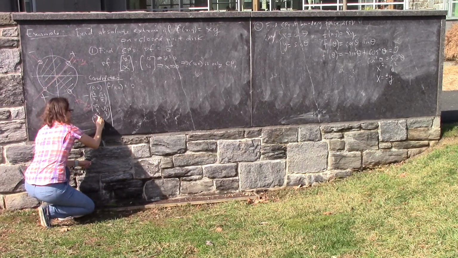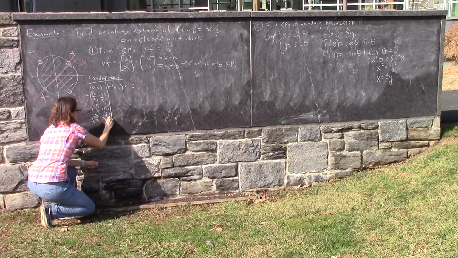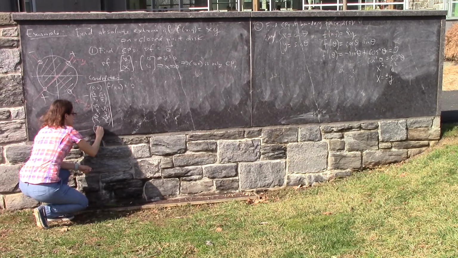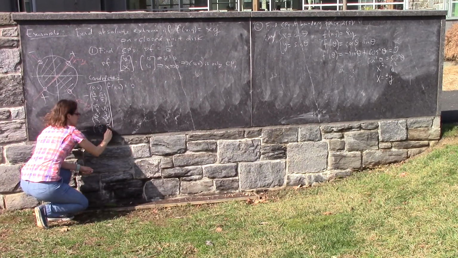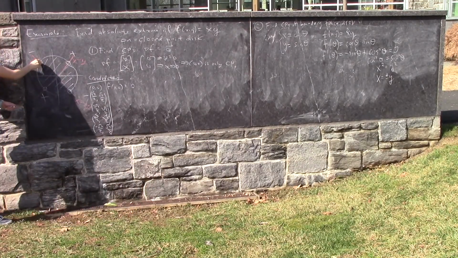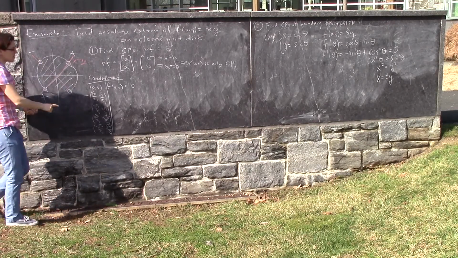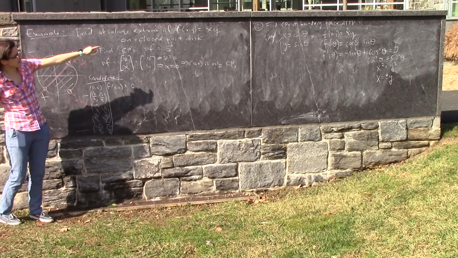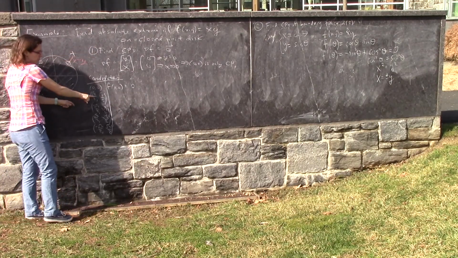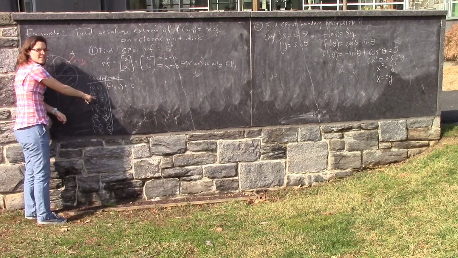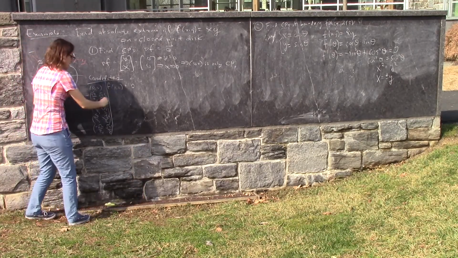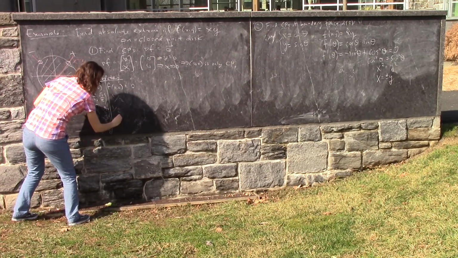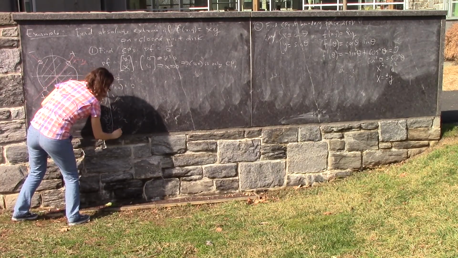So root 2 over 2, negative root 2 over 2, that's this one, and negative root 2 over 2, root 2 over 2. That's this one. And now if we compute f at each of these points, f is just x times y. So if you multiply these two together, you get 1/2. This one also gives you 1/2. This is negative 1/2, and the last one is negative 1/2.